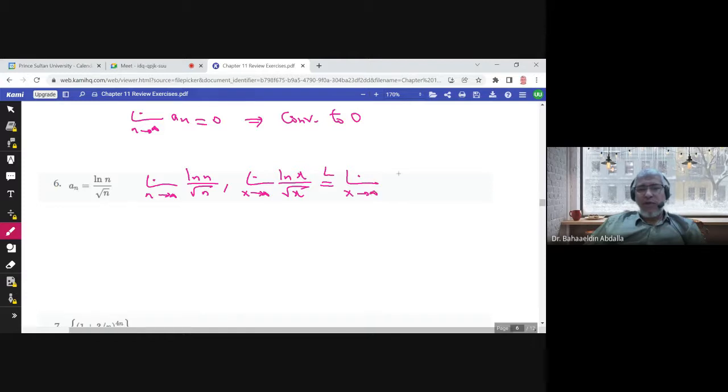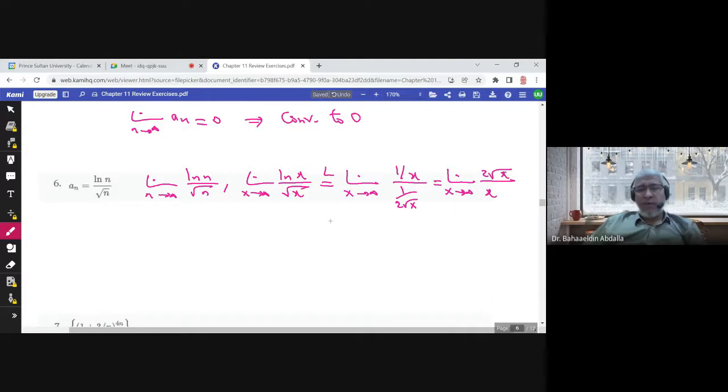The derivative of ln x is 1 over x. The derivative of square root of x is 1 over 2 square root of x. So this is the limit of 1 over x, so x will be here, and this is 1 over 2 square root of x, so it would be here.